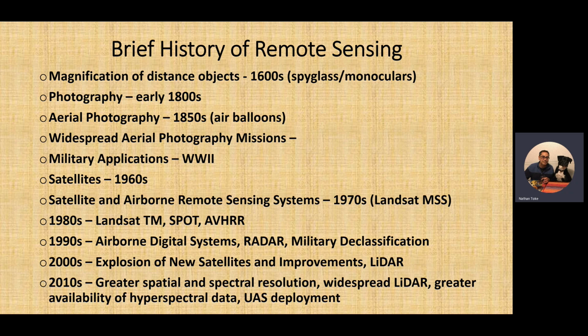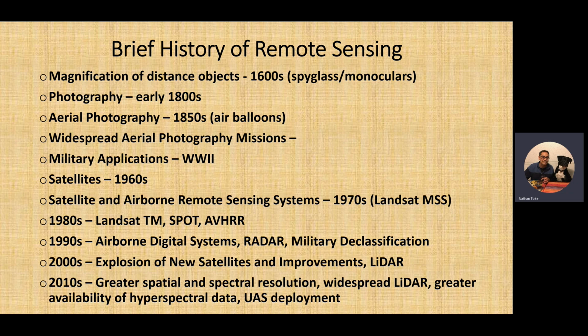Satellite and airborne remote sensing systems, the Landsat system, which is quite famous today, began in the 1970s, Landsat 1. From the 1980s, Landsat TM, SPOT, AVHRR were some of the systems that come into effect.